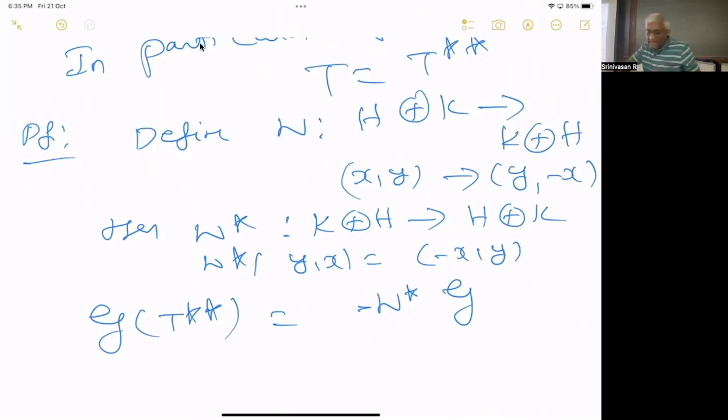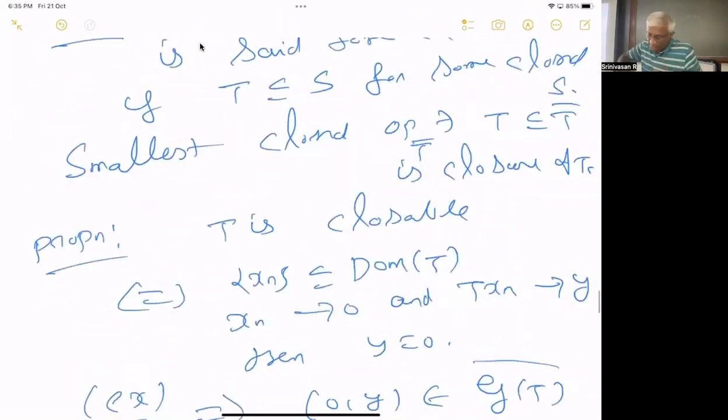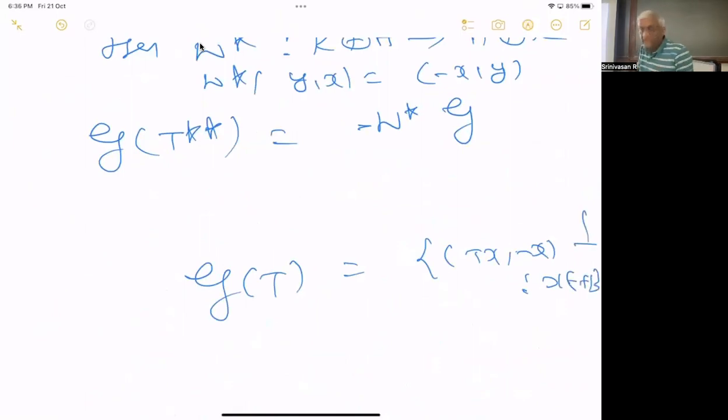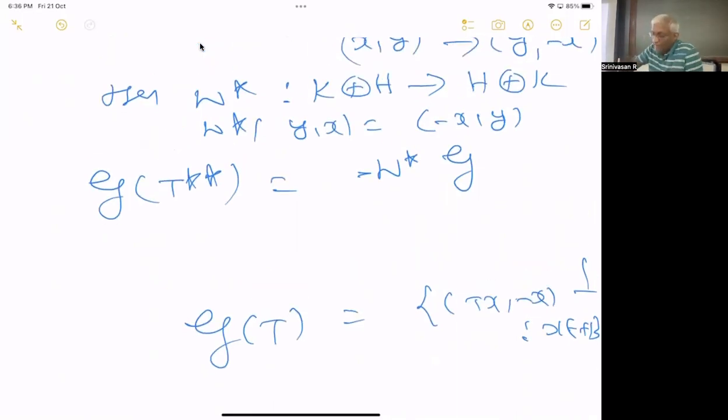We have this theorem: the graph of T is equal to the perp of {(Tx, -x)}, for T defined from H to K. If T star is defined from K to H, you have to reverse the roles of K and H. So W will be minus of W star, and this is the graph of T star perp.